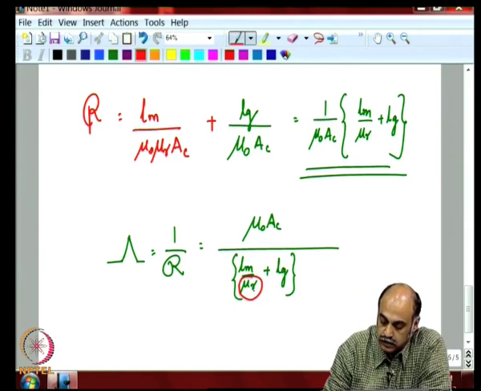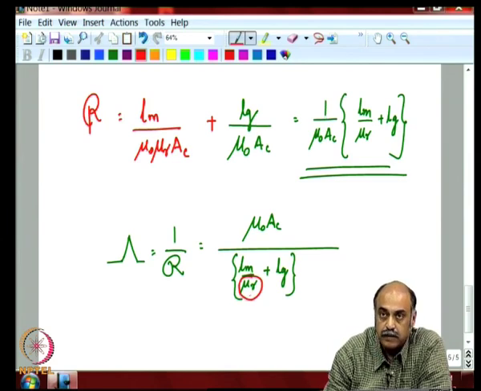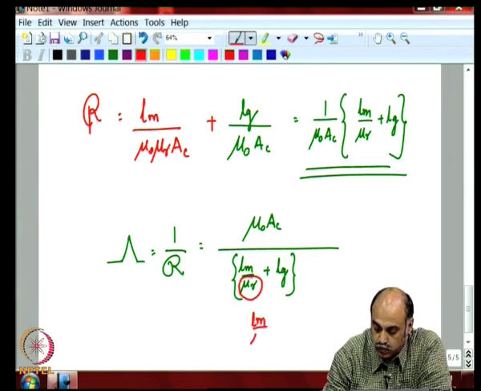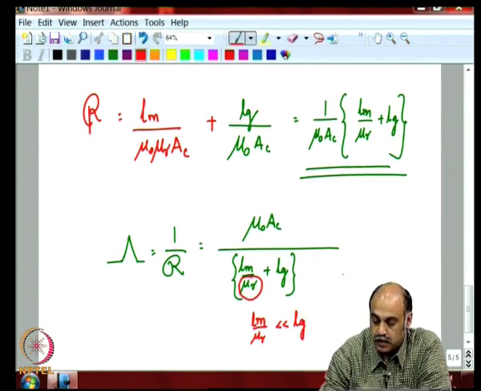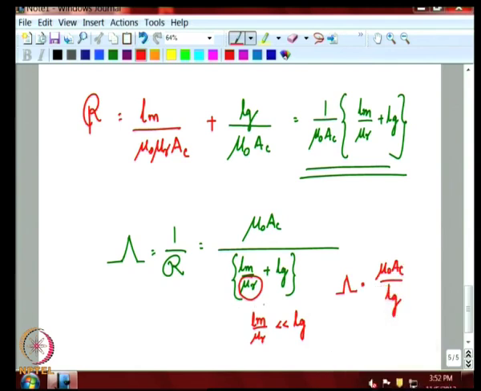If this is a large value, then Lm by mu r becomes very small compared to Lg, and therefore, the permeance of a gapped core is almost equal to nothing but mu naught AC by Lg. However, it is always recommended that you use the exact formula. For quick calculations, you could always approximate and use it in this manner.